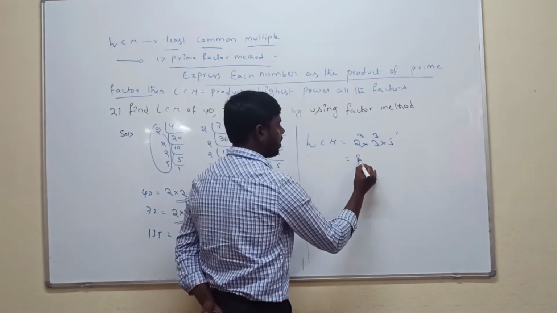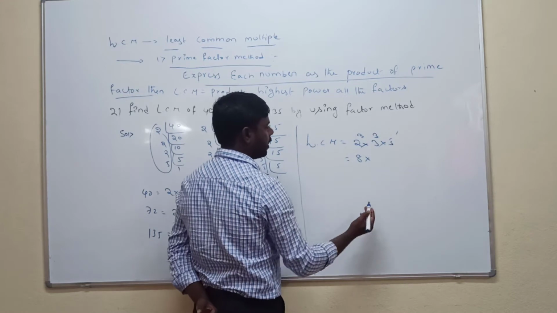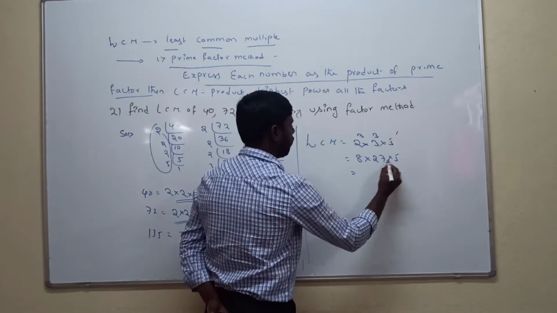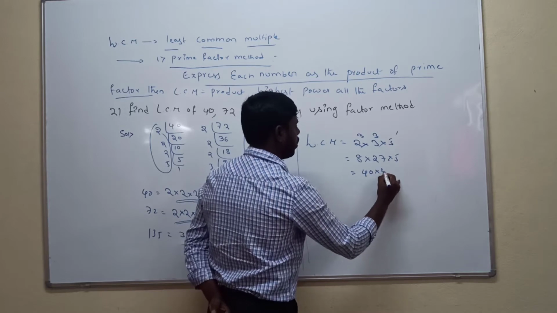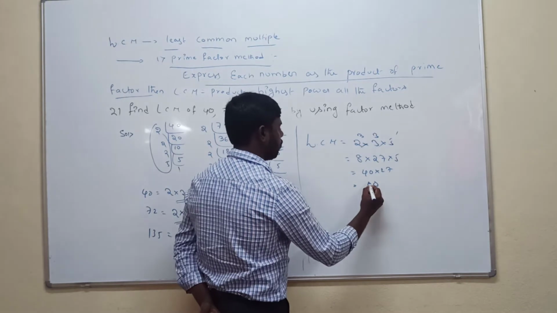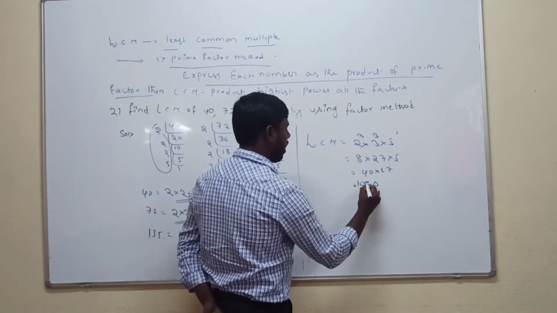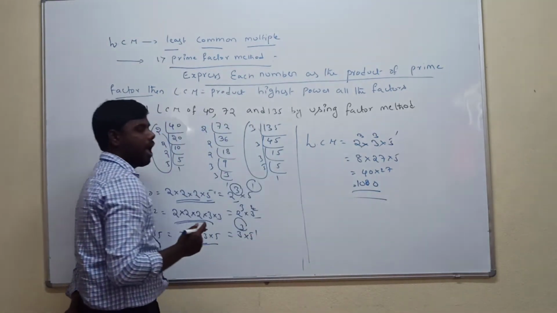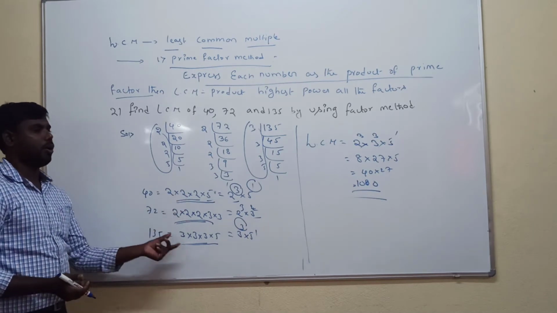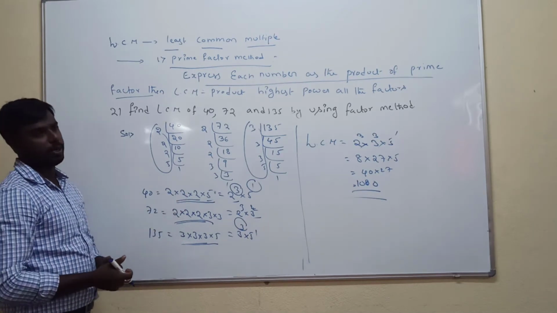2 cubed is nothing but 8. 3 cubed is 27, into 5. So 8 into 5 is 40. 40 into 27: 27 into 0 is 0, 27 into 4 is 108, so 1080. This is the LCM. So express each number as a product of the prime factors.